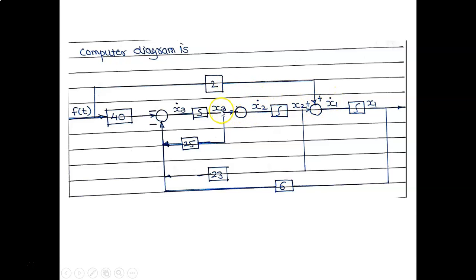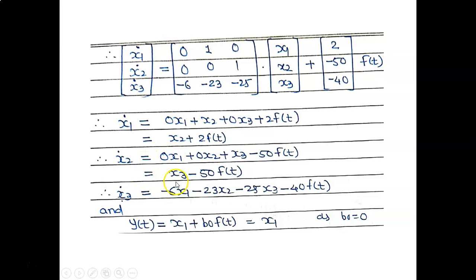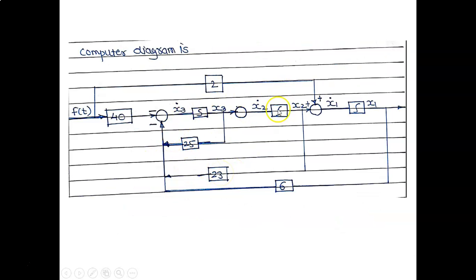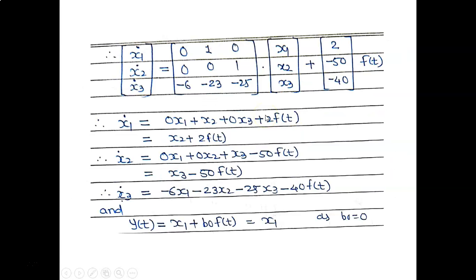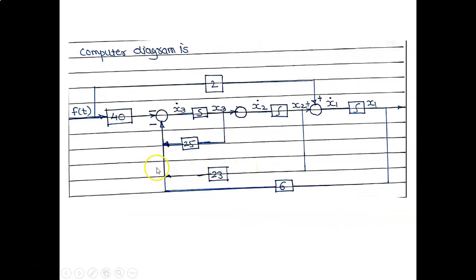And x2 dot is equal to x3 minus 50 f of t. Therefore this completes our computer diagram and this completes our chapter.